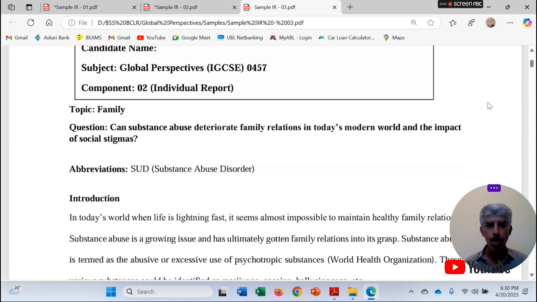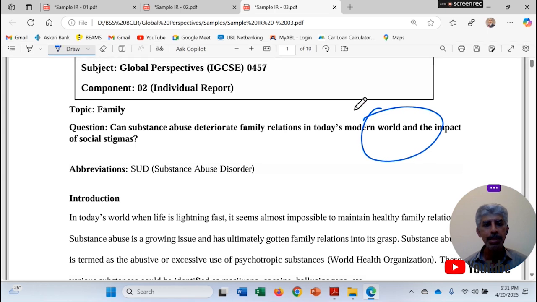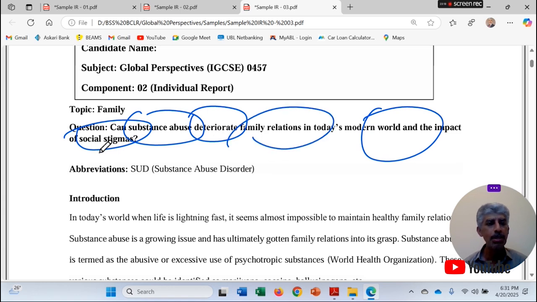Question: can substance abuse deteriorate family relations in today's modern world, and the impact of social stigmas? So again, you can see that it is a question which has global significance: deterioration, substance abuse, social stigma, and family relations. All these are the keywords of this IR.